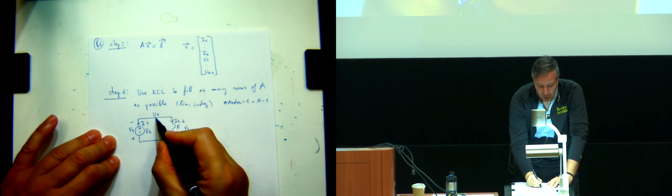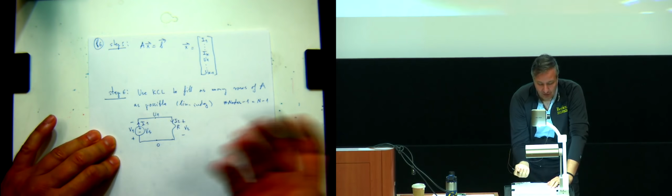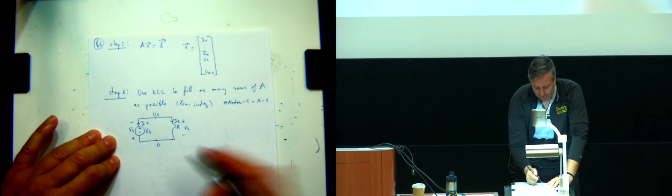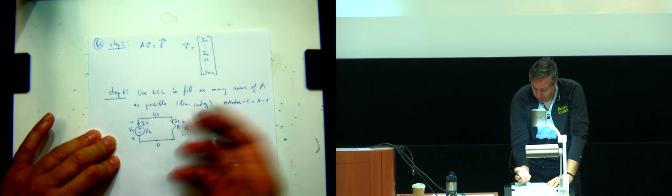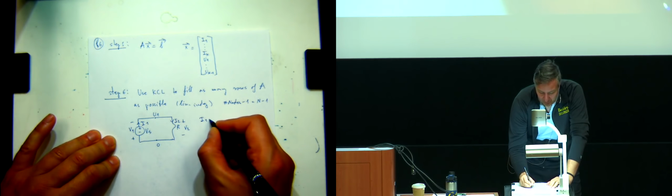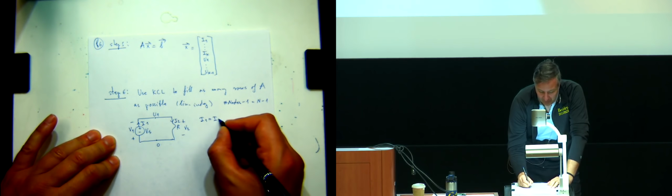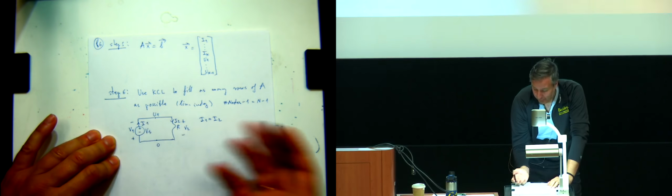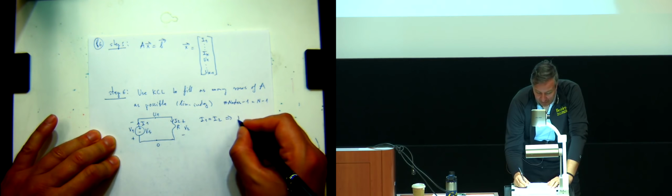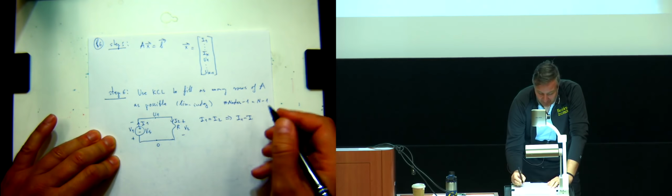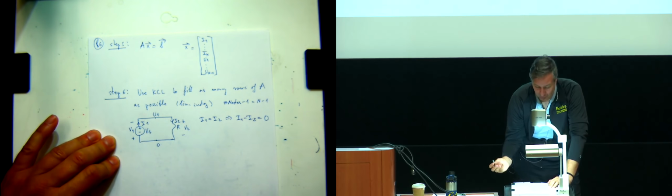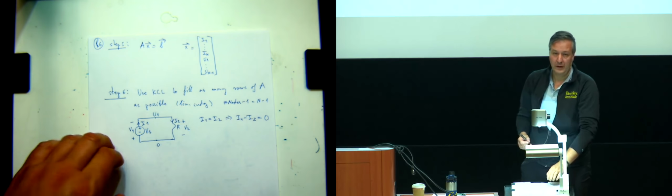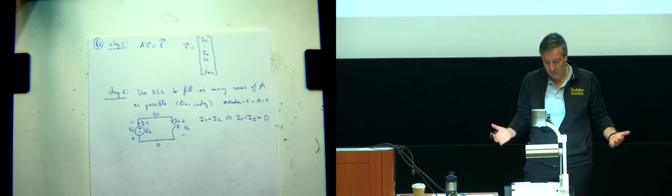Usually we apply it to all the nodes that are not a reference node, but it doesn't really matter. So let's say to the top node, I can write I1, which is what comes in, is equal to I2, which is what comes out, right? I can also write it as I1 minus I2 equals 0, or the other way around.